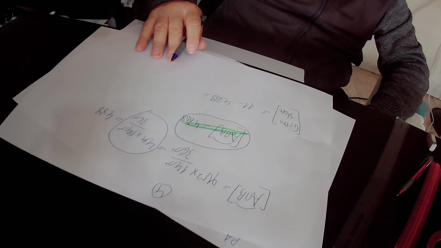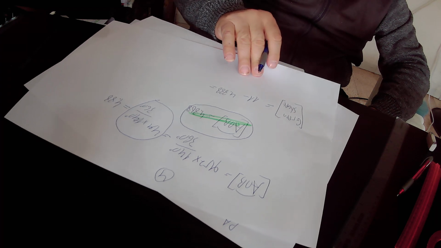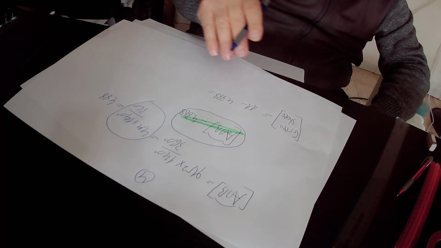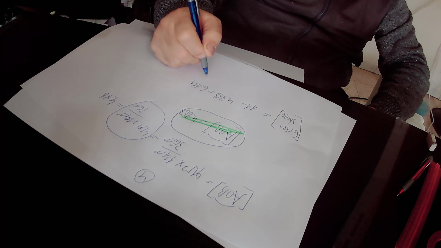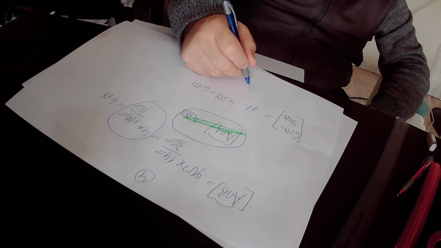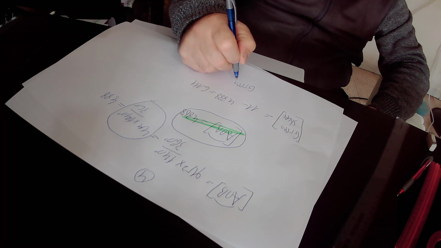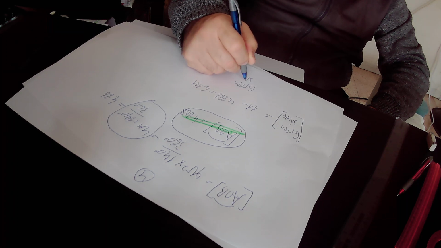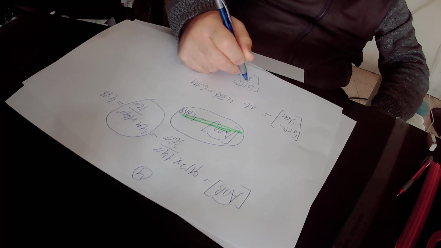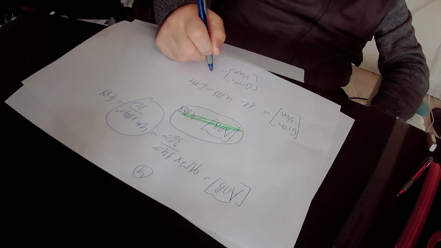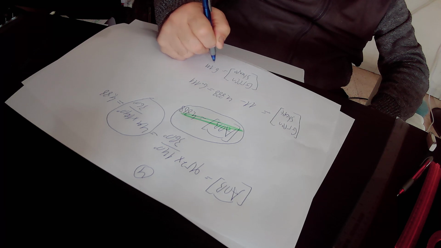So the area of the green shape equals 11 minus 4.888, which is actually 6.111 square units. So in conclusion, we found out that the area of the green shape in total is equal to 6.111 square units.